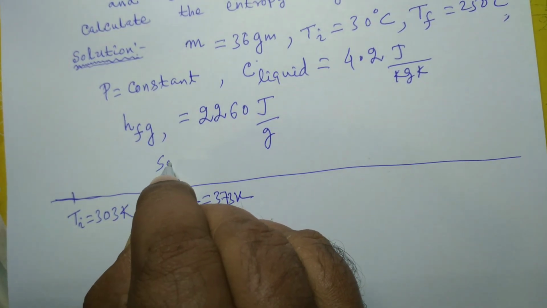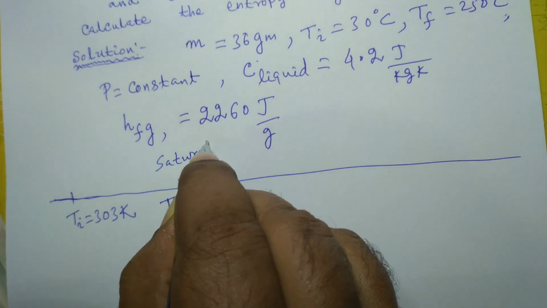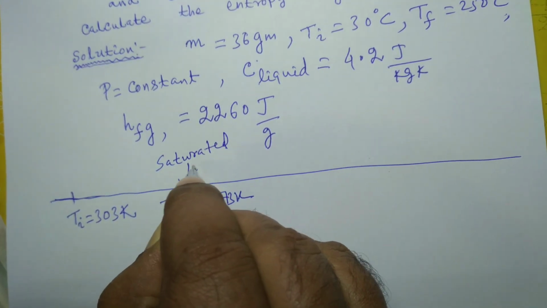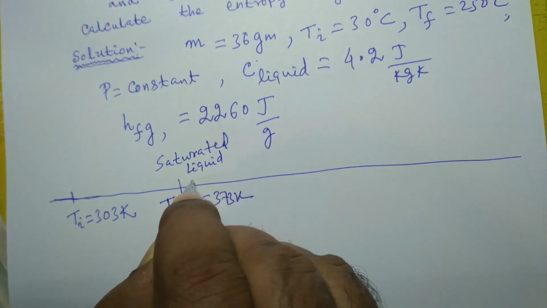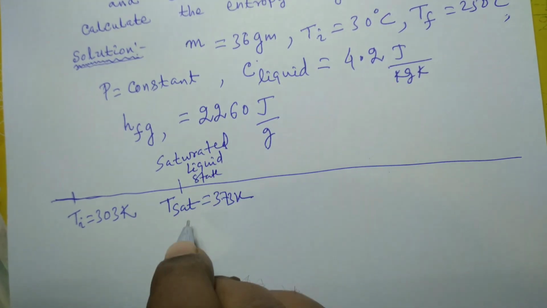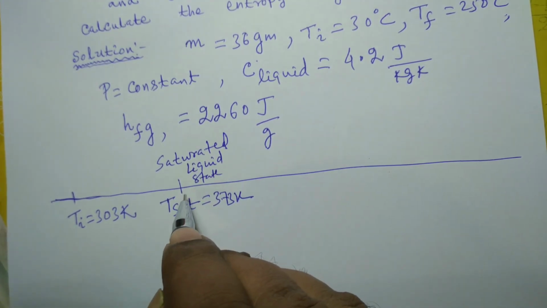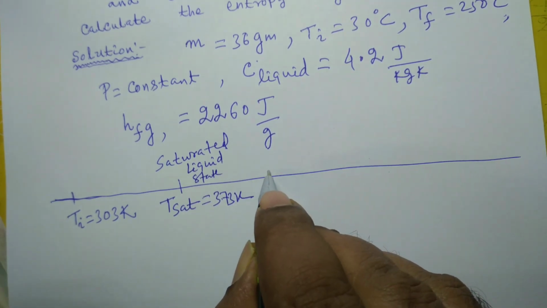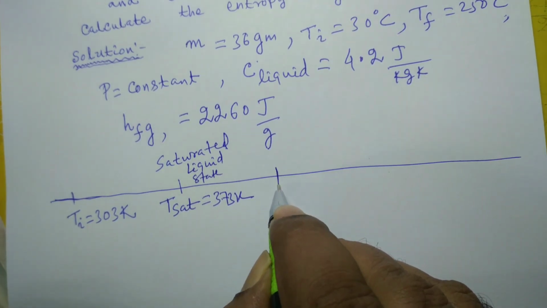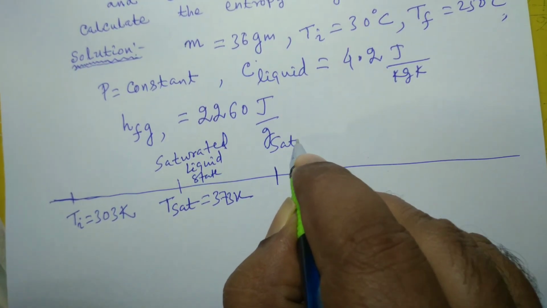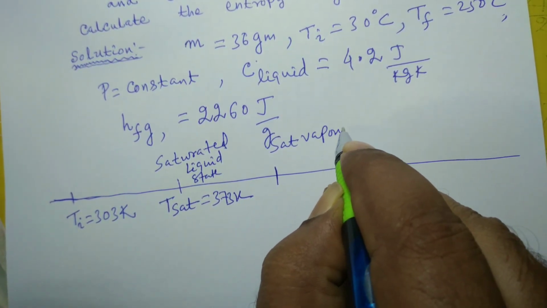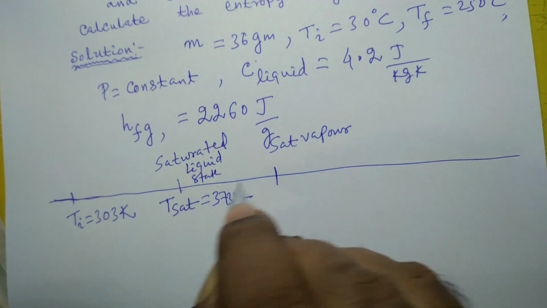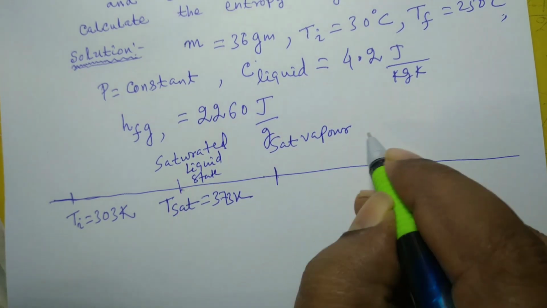This is the saturated liquid state. And with temperature remaining constant, when it absorbs certain latent heat of vaporization, it gets converted into saturated vapor state. The pressure remains constant and also the temperature remains constant during this phase change.